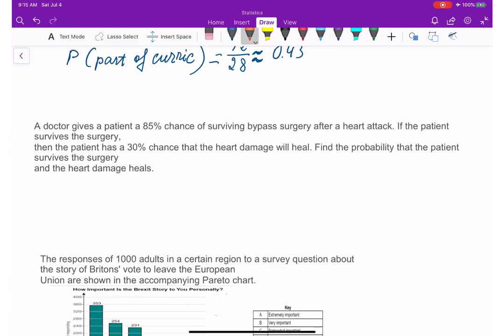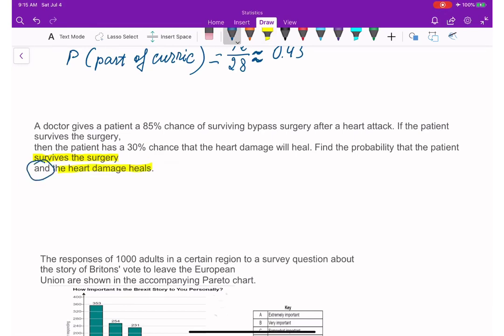Next one. A doctor gives a patient an 85% chance of surviving bypass surgery after a heart attack. If the patient survives the surgery, then the patient has a 30% chance that the heart damage will heal. Find the probability that the patient survives the surgery and the heart damage heals. The keywords here are survive surgery and heart damage heal, and in between them is and, which means we multiply.